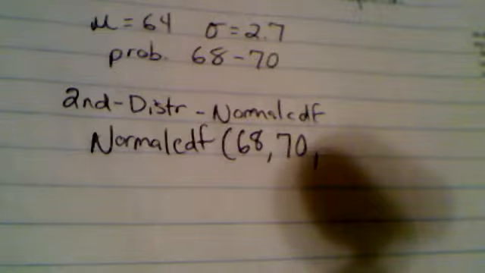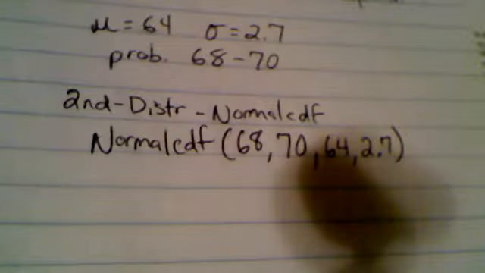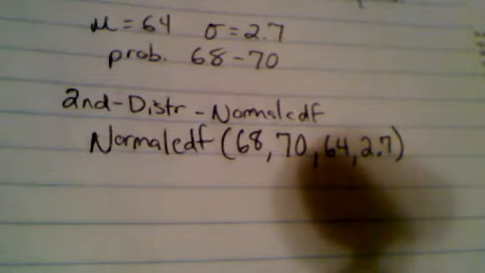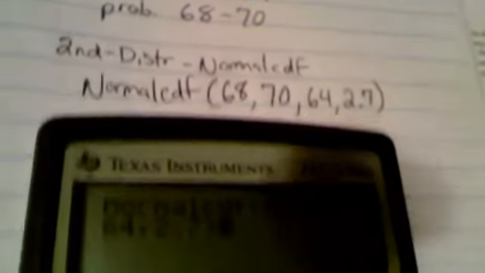Then we've got to tell the calculator what the mean is, that's 64, and what the standard deviation is. That's 2.7. So those are the 4 things that have to be entered. The lowest number we want, which is 68, the highest, which is 70, the mean, which is 64, and the standard deviation, which is 2.7. So your calculator should look something like this here.